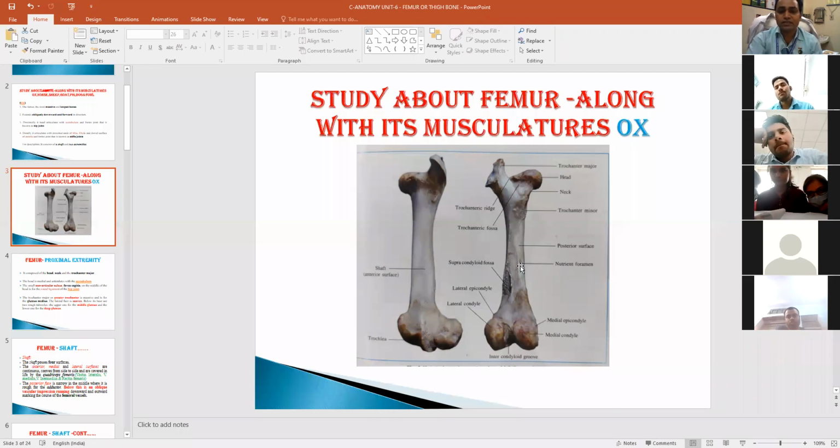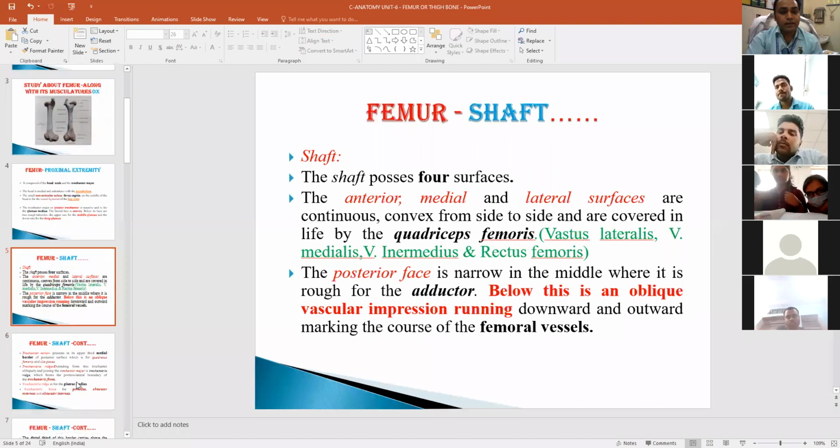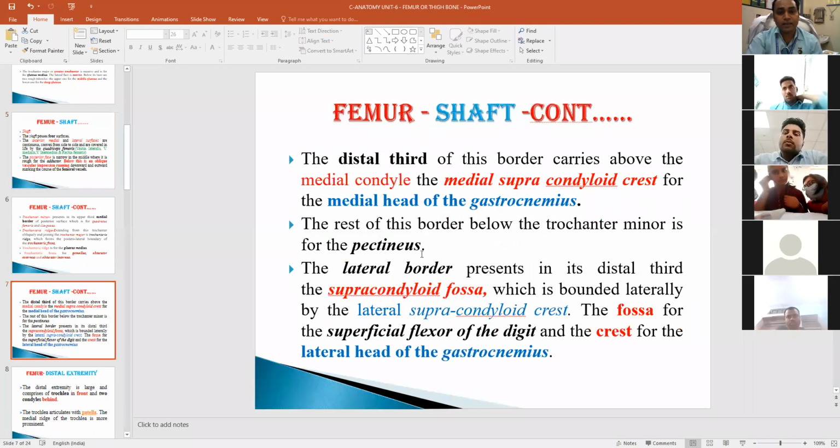So there are three important structures in the distal third of this shaft: the supracondylar fossa, the lateral supracondylar crest, and the medial supracondylar crest. This medial supracondylar crest is for the medial head of the gastrocnemius, as the name indicates, and the other is for the lateral head of the gastrocnemius.